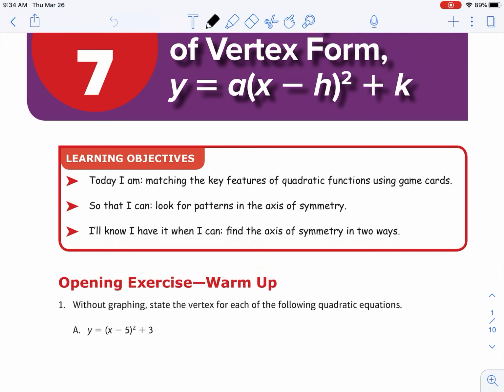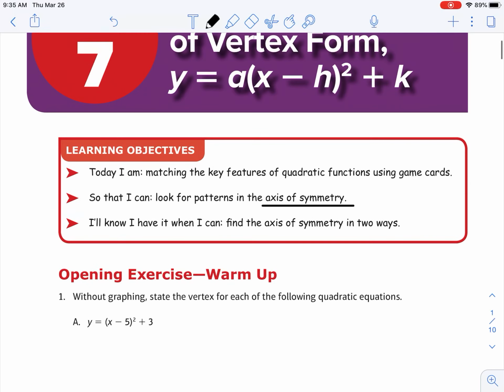what you're going to start doing is look for patterns in the axes of symmetry. You'll know when you have it, when you can find the axis of symmetry in two ways.